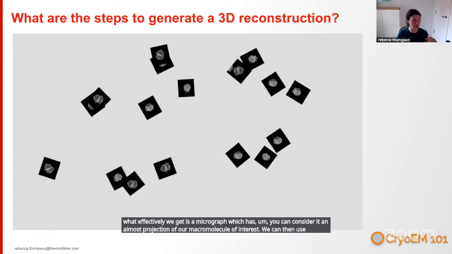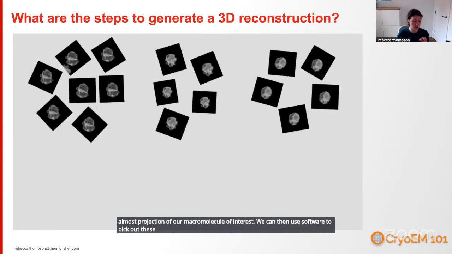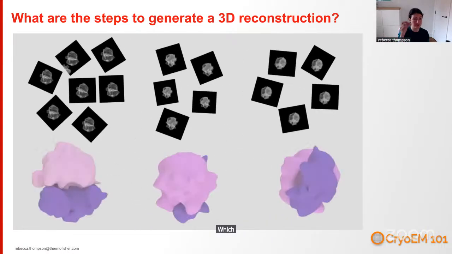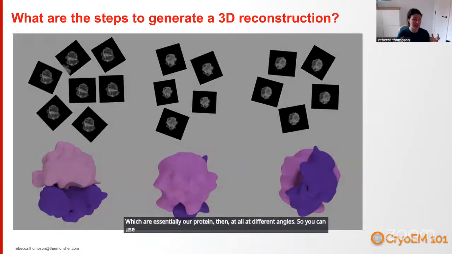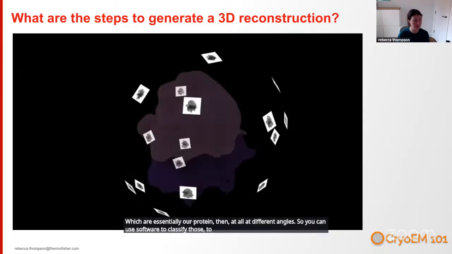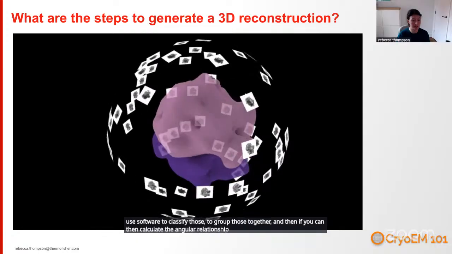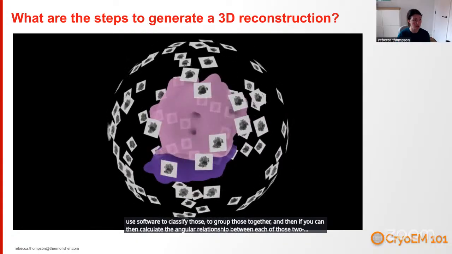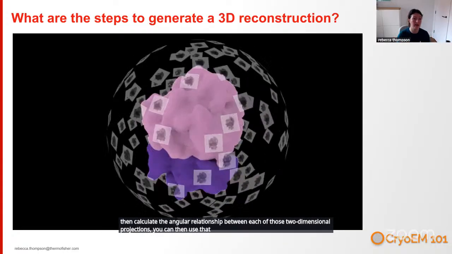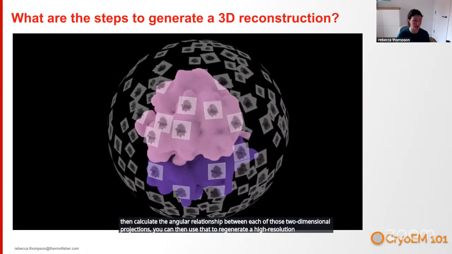We can then use software to pick out these individual molecules, which are essentially our protein, all at different angles. So you can use software to classify those, to group those together. And then you can calculate the angular relationship between each of those two-dimensional projections, and use that to regenerate a high-resolution 3-dimensional projection.